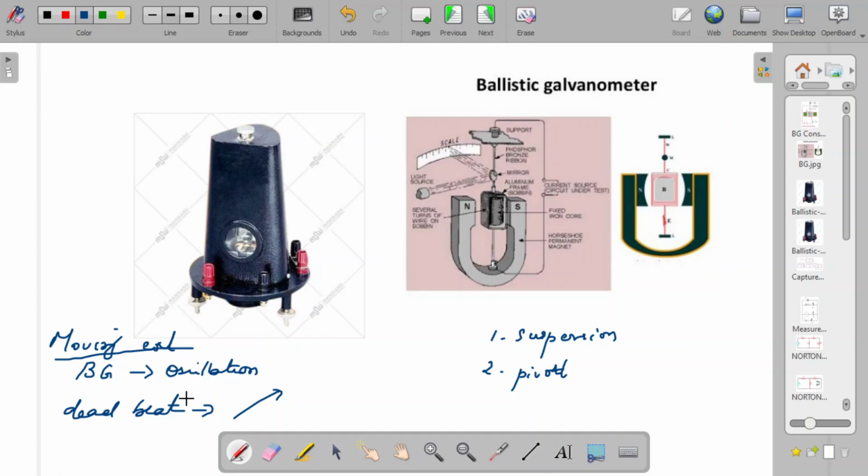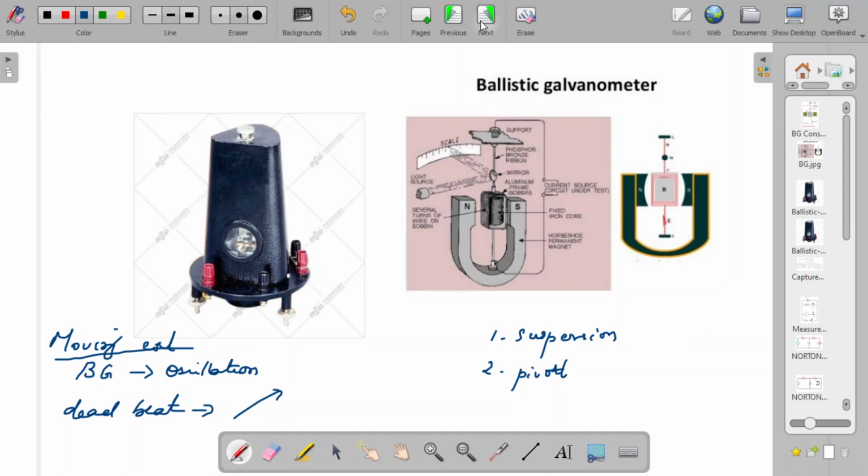With this basic understanding, I would like to explain what the sensitivity of a moving coil galvanometer is. It can be generalized, ballistic or deadbeat, whatever it be. There are certain terms associated with its sensitivity.